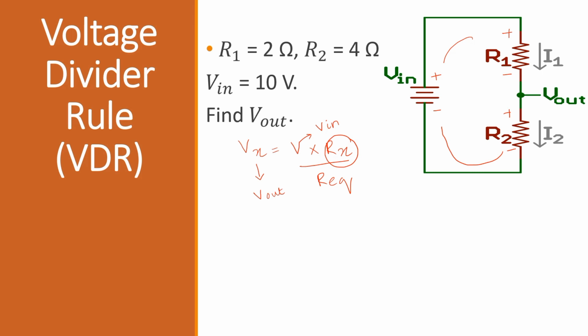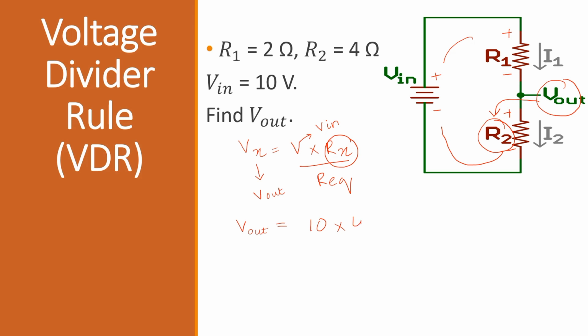Now, we are going to select this R2 for our formula because this unknown voltage is connected to the positive terminal of this R2.